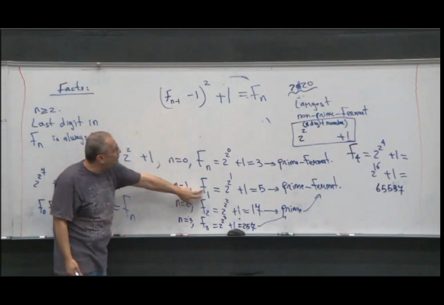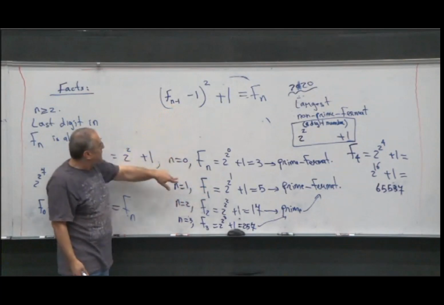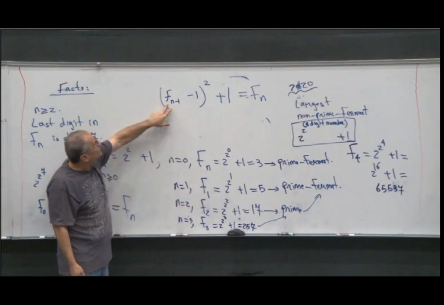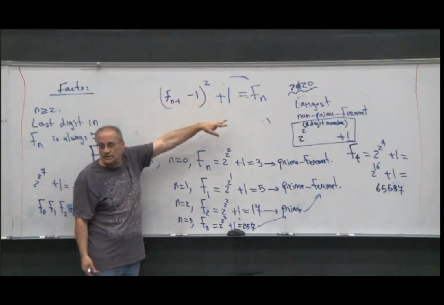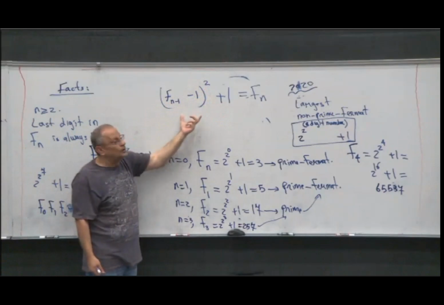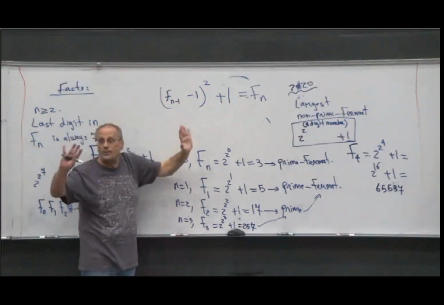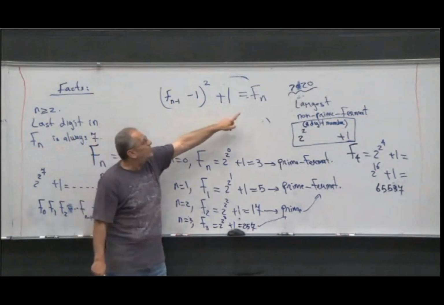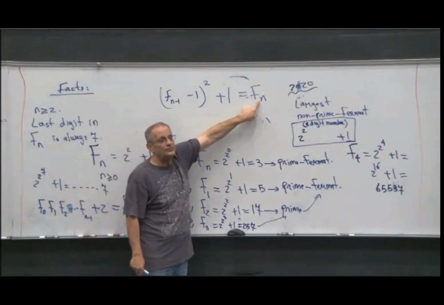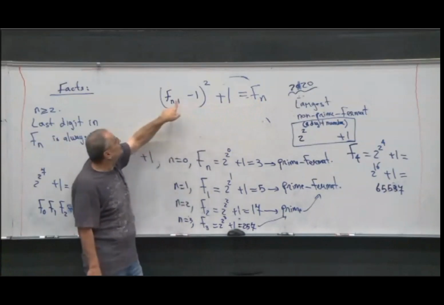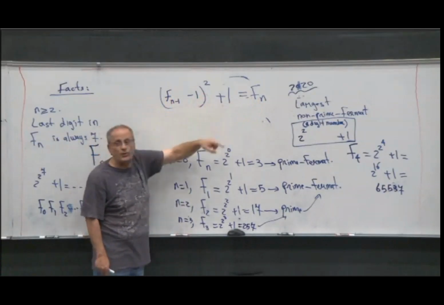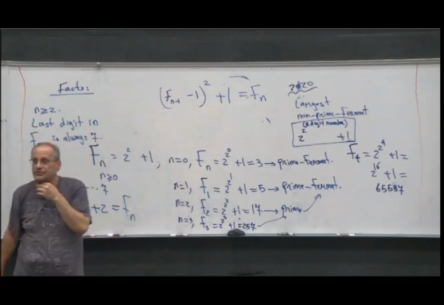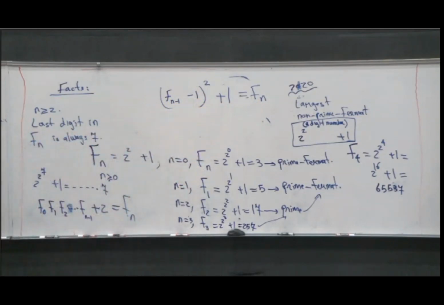What is F1? 5. What is F0? 3. Minus 1, square it, plus 1. But this is true, has nothing to do with whether prime or not. The nth Fermat number is always F(n minus 1), take away 1 and square it, and then you add 1. Then you come up with the next Fermat number.